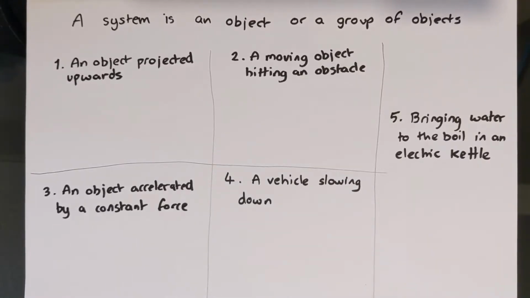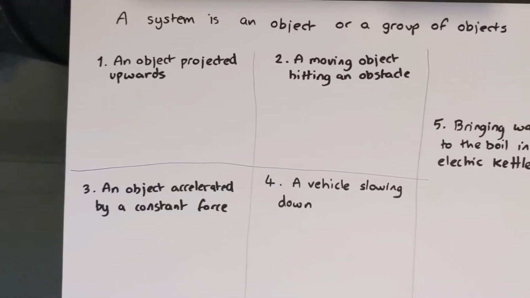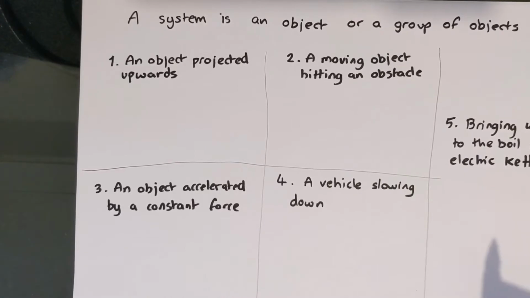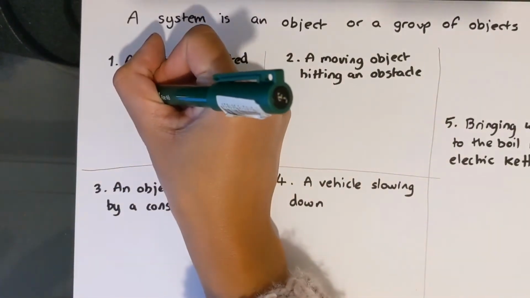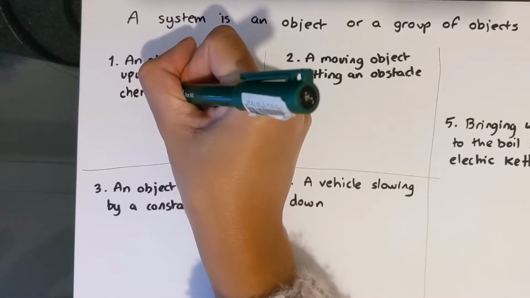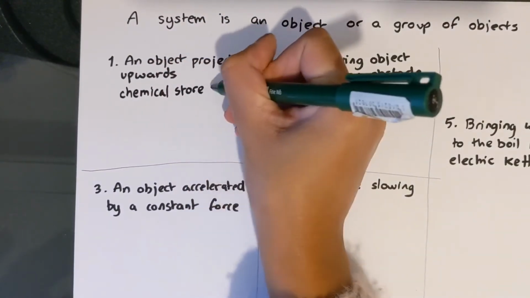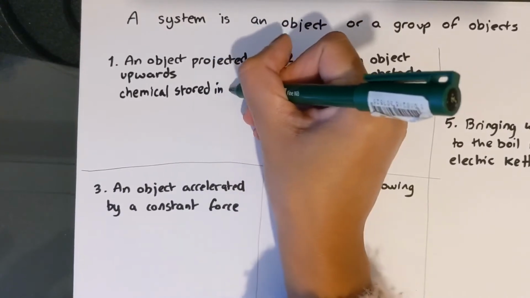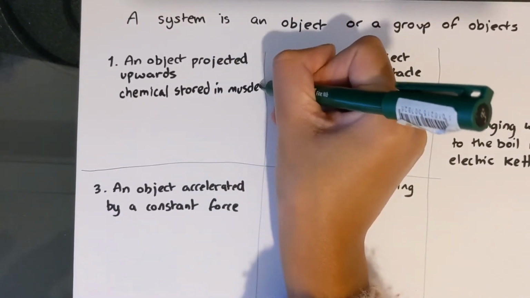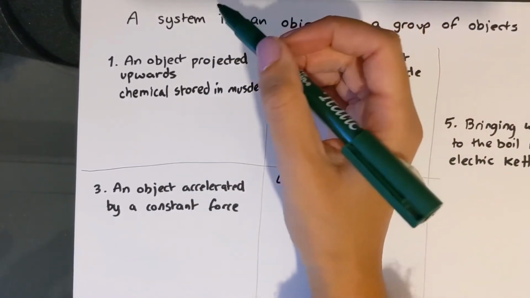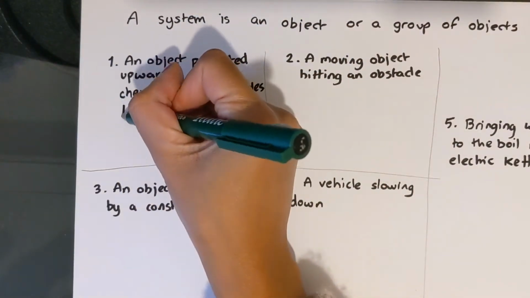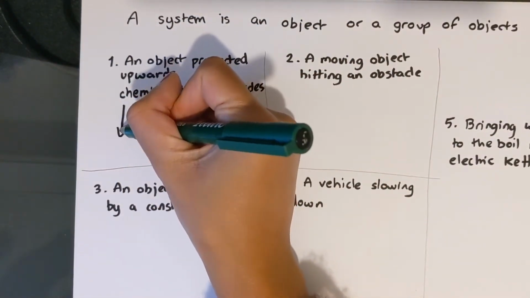So the first one then, an object projected upwards. So a typical scenario could be that an arm is throwing a ball up. So in the arm, you've got the chemical energy stored in the muscles, haven't you? So chemicals stored in muscles. So then there's a force exerted, yeah.